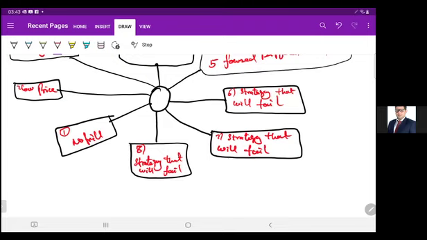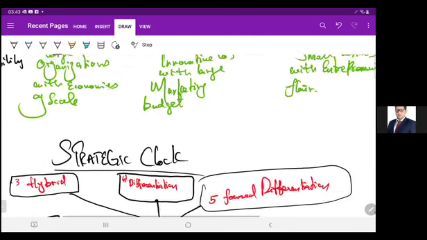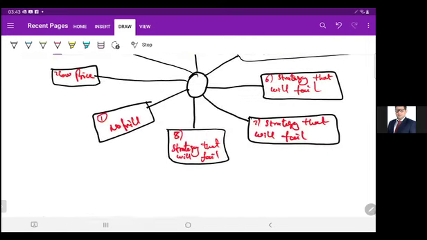So, as you can see, the clock in front of you folks. Now, let me explain this clock in detail, right? As you can see, at number one, we have no frill. These are commodity like services. These are price sensitive.